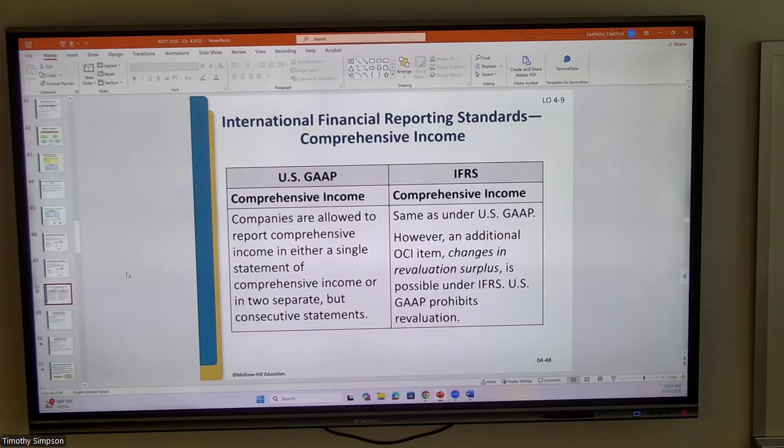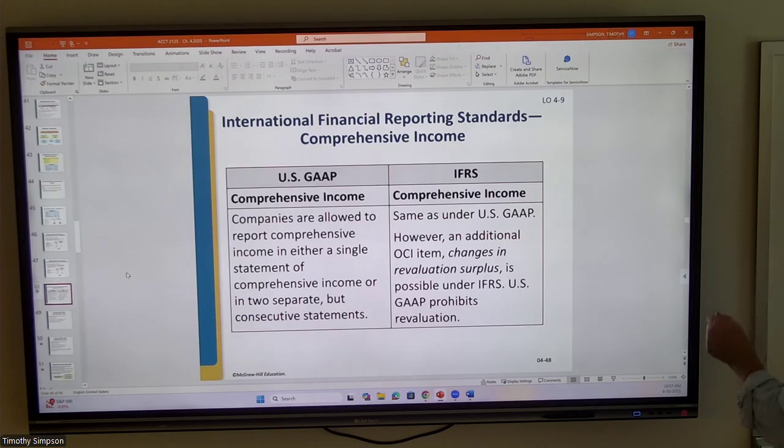However, and this is a big one here, it changes in revaluation surplus. And this is where, as I said in the very first class session, when we talk about the differences between GAAP and international standards, one of the big ones is this idea of asset valuation. In the international standards, we can potentially step up the value of an asset.